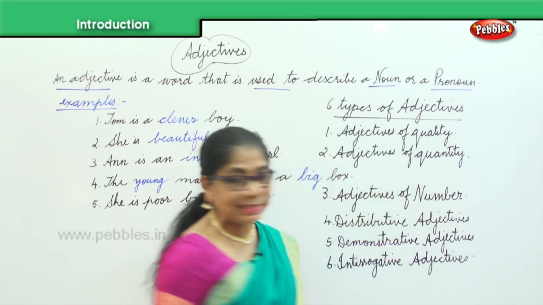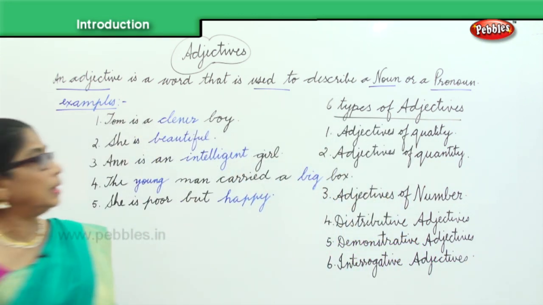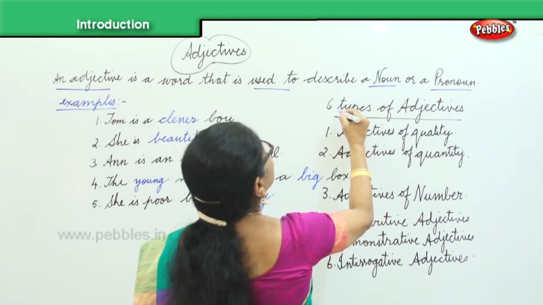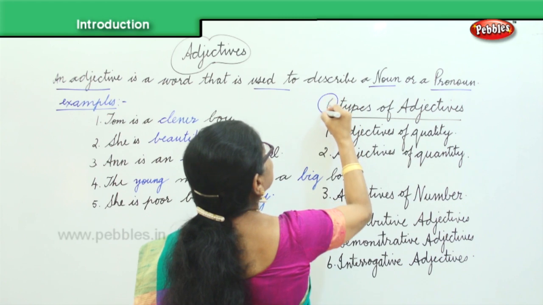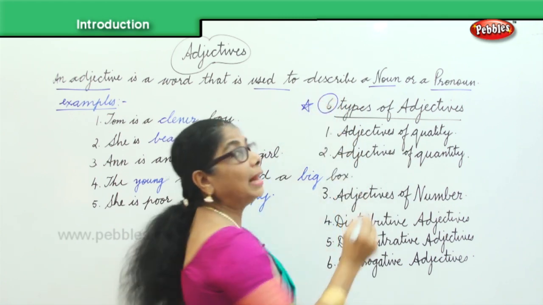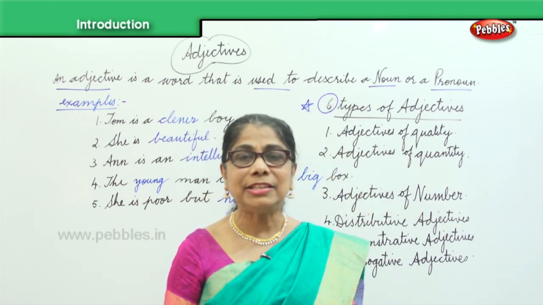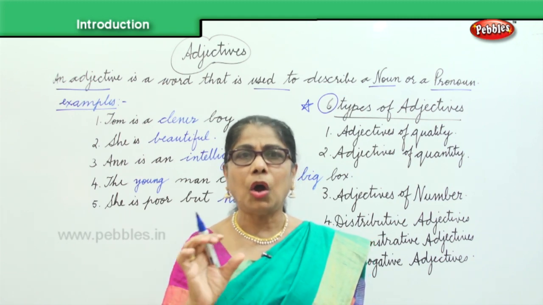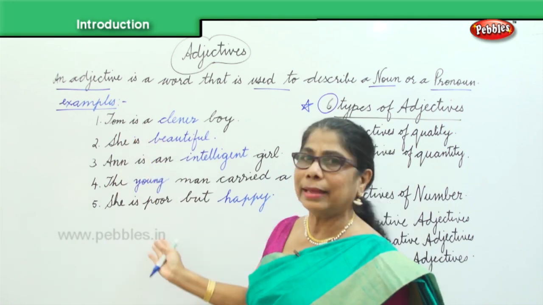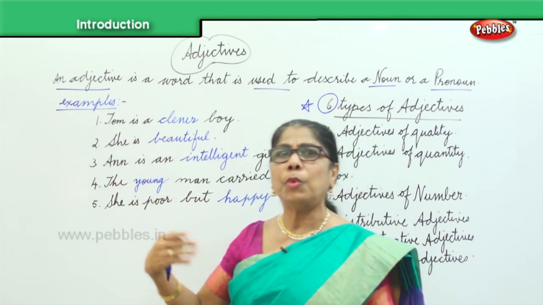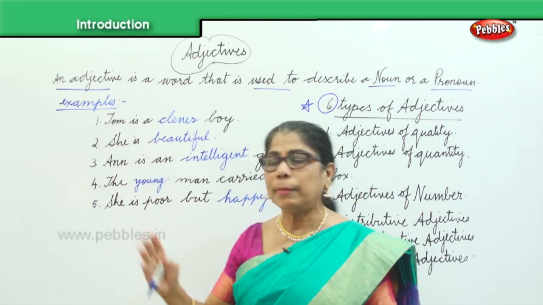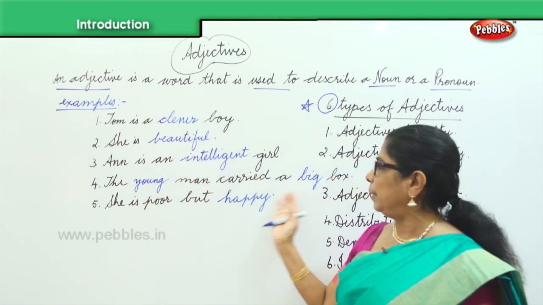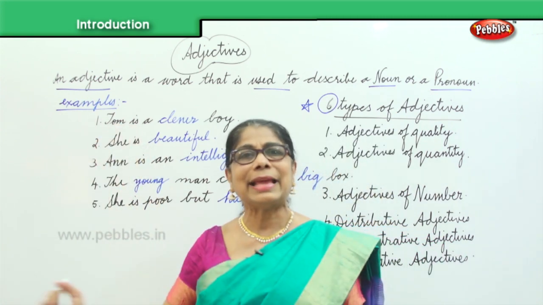So we have 6 different types. It's very important to remember. What is an adjective? An adjective is a word used to describe a noun or a pronoun, and we have seen that. The words that say more about the noun or pronoun, like clever, beautiful, intelligent, young, big, happy, are adjectives.